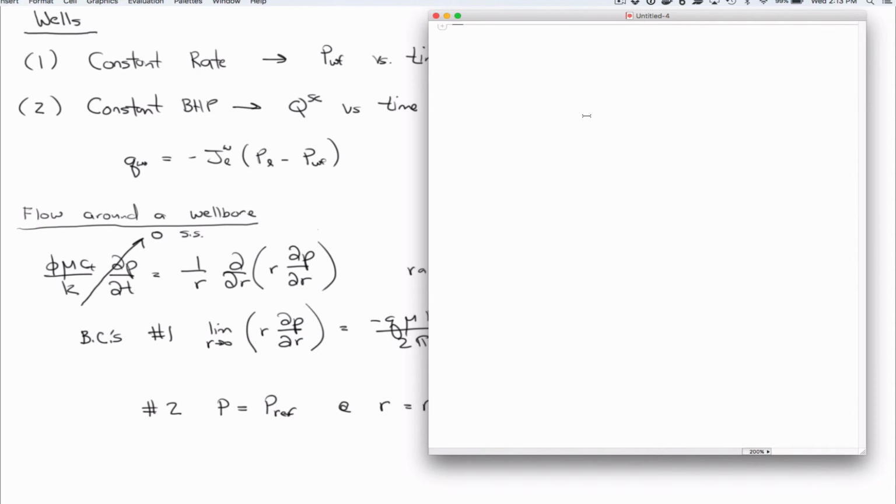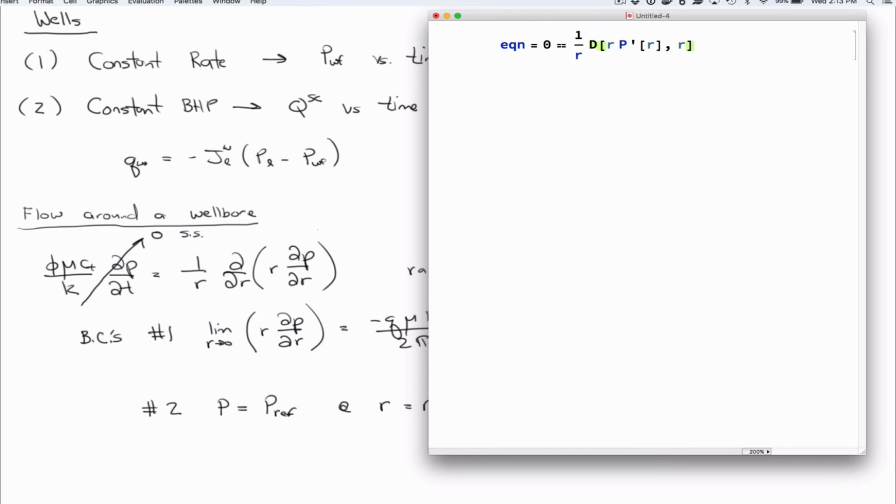One of the nice things about Mathematica is I can just type the equation in pretty much like it looks on paper. So I'm going to say the equation is 0 equals 1 over r, D of r times p'[r], comma r. The syntax there is D means take the derivative with respect to r, so the comma r.